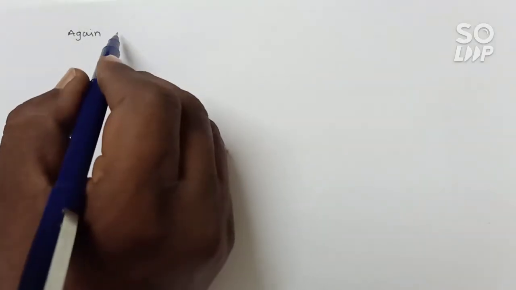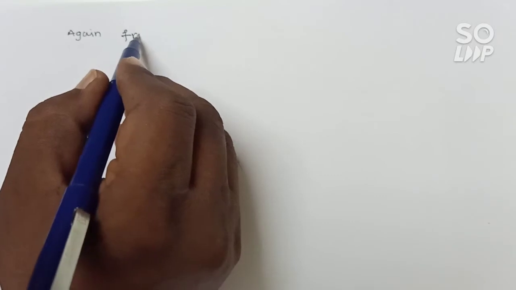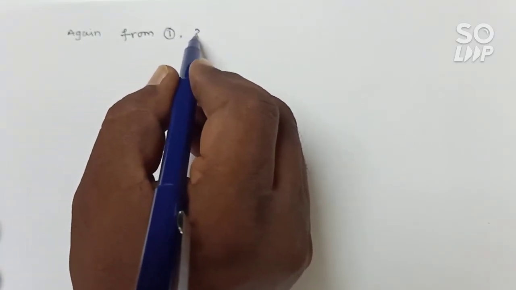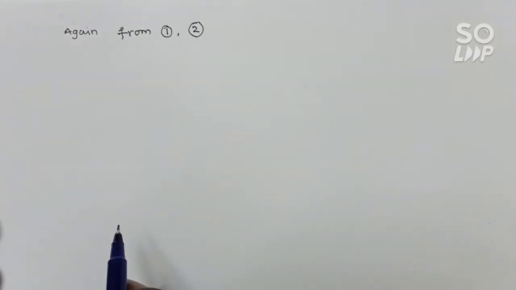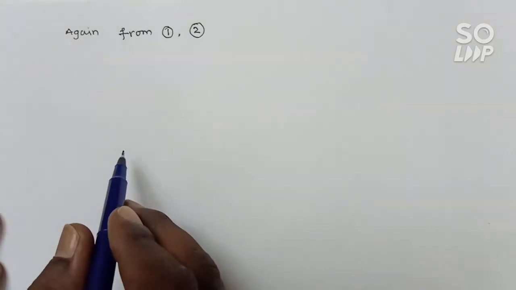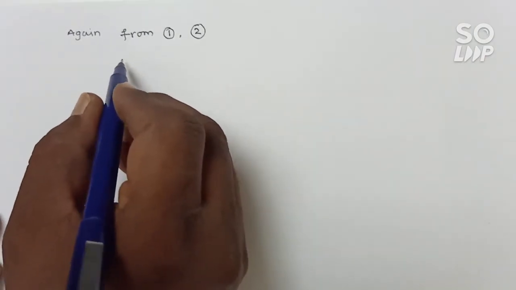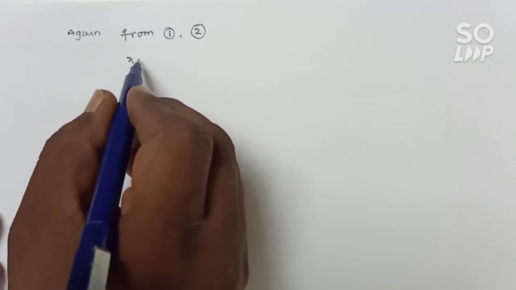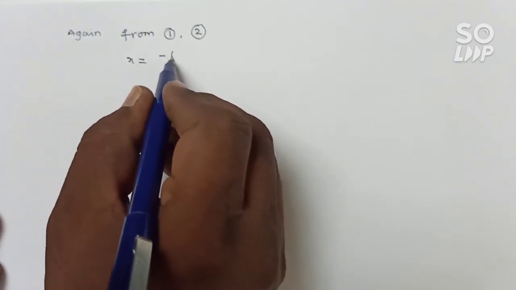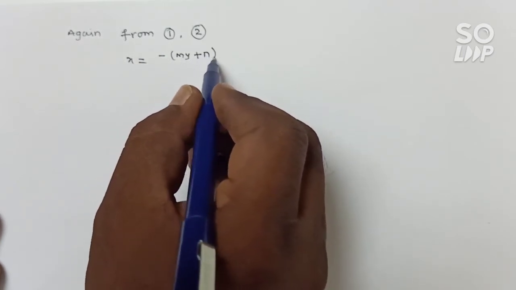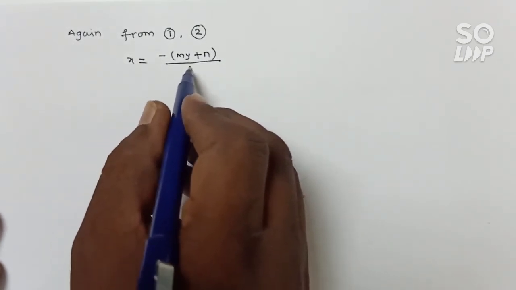Again from 1 comma 2. 1 is nothing but the second degree homogeneous equation, 2 is Lx plus My plus n. From that you write that x is equal to minus of (m into y plus n) whole divided by L.